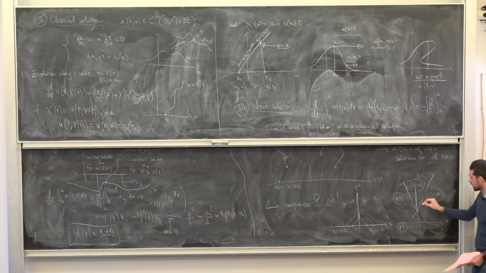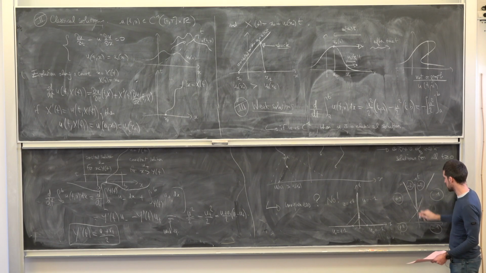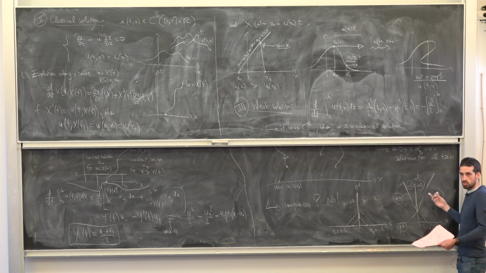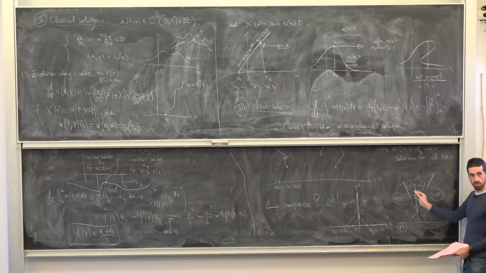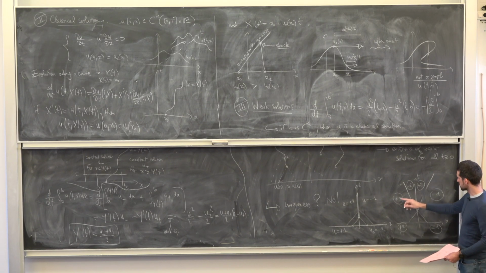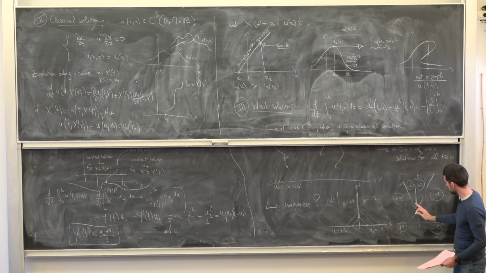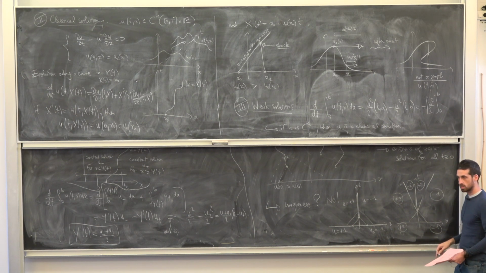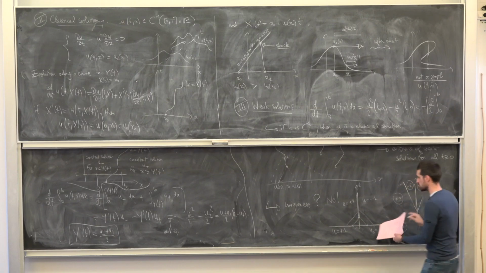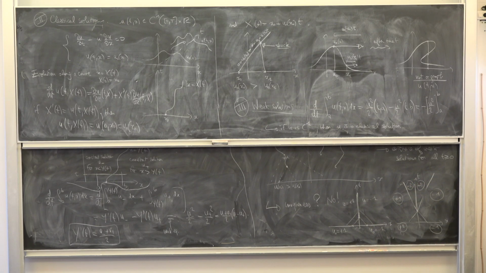It means you would have new shocks, one here, one here, one here, and you just need to make sure that the slope of these shocks correspond to the averages of your values here. So here +1 -2, it's -1, this is the slope -1/2, this is the slope +1/2, and here the average is 0, I have this slope 0. So you see, here is another weak solution with the same initial condition.